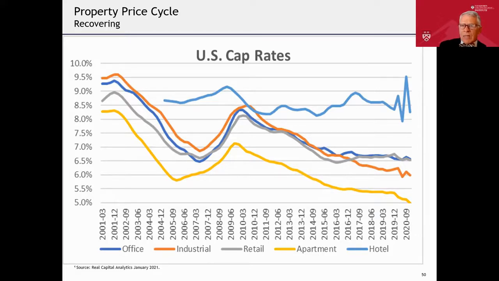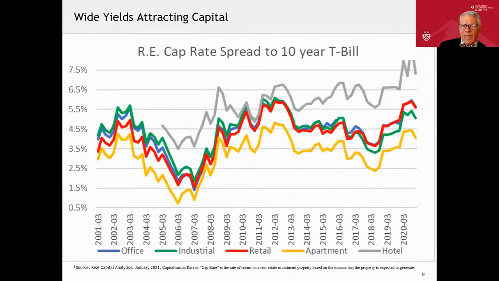And so on the next slide, what we do is we look at the spread over the risk-free rate of a 10-year treasury. So today I can buy a 10-year treasury at 1.6. I can buy into the stock market, the S&P 500, with a 1.1% dividend yield. Or I can buy into real estate, and what am I getting? Well, back in '01, you got about 4% average over the 10-year treasury in yield.